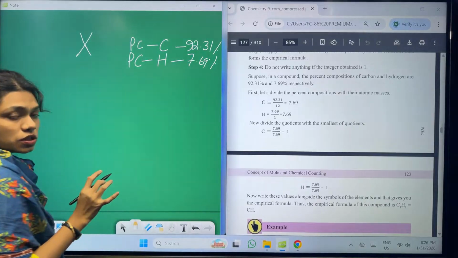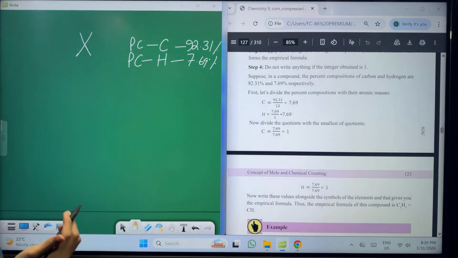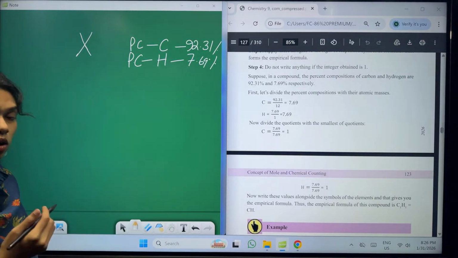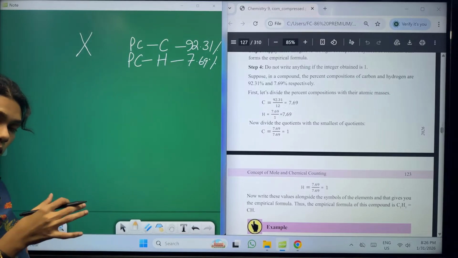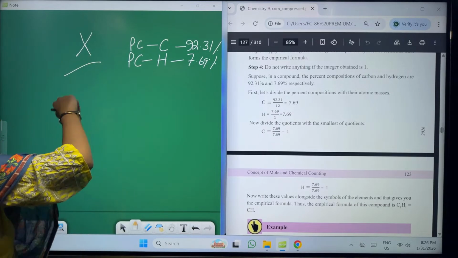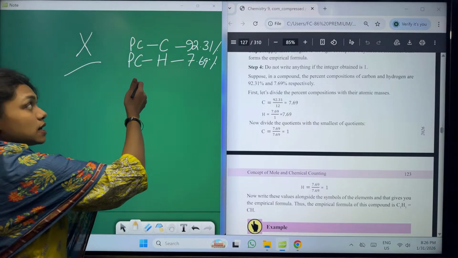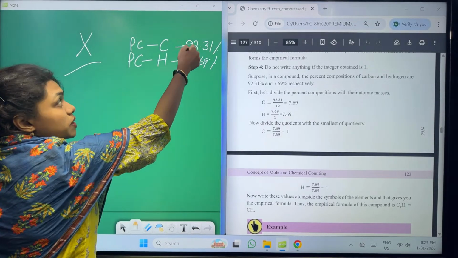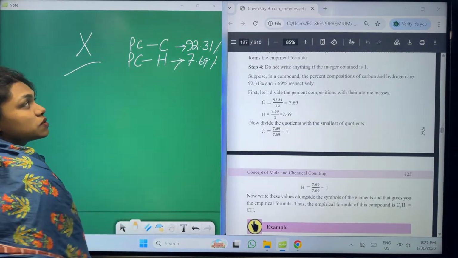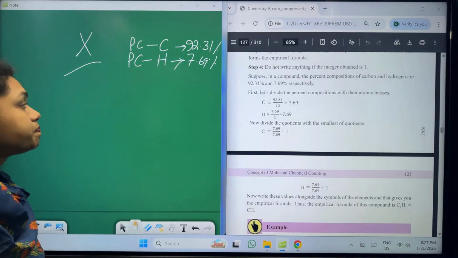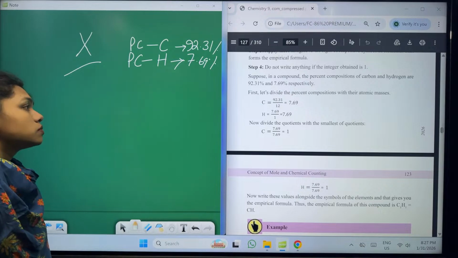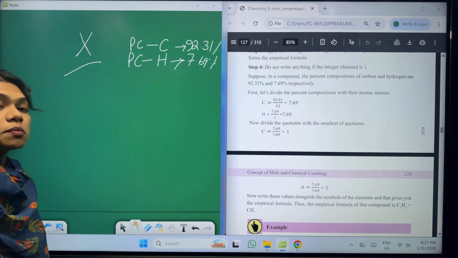This is your question. You're given the percentage composition of the individual elements in a compound. Now you have to find out the empirical formula.